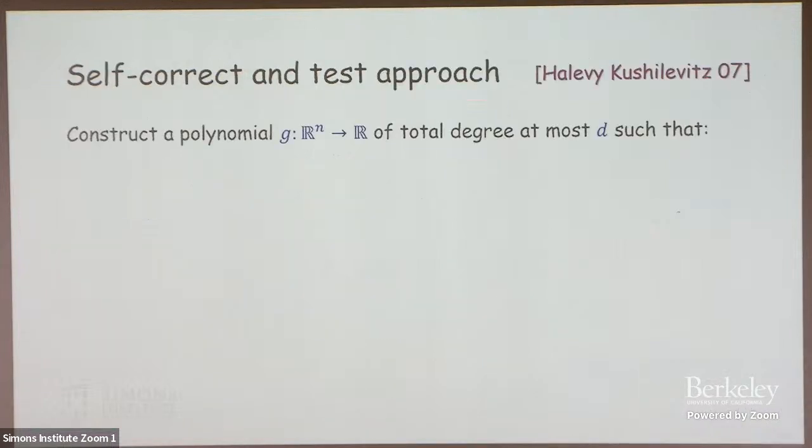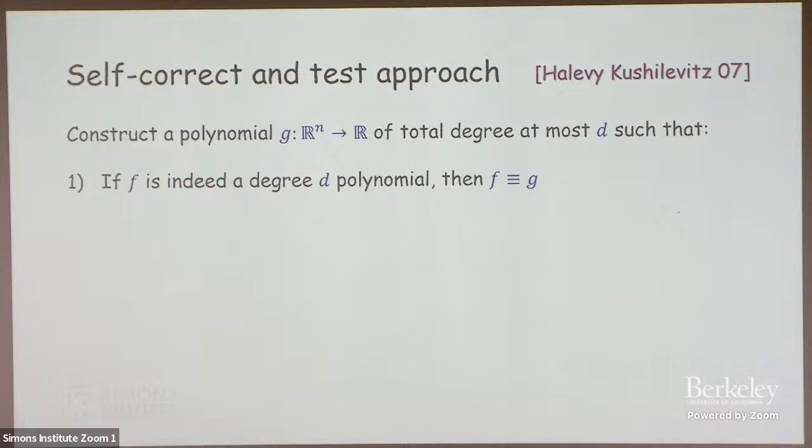What is the self-correct and test approach? This was in the first results by Halevi and Kushilevitz for distribution-free testing. We want to construct some lower degree polynomial, a polynomial that satisfies our property, that satisfies 2 conditions.